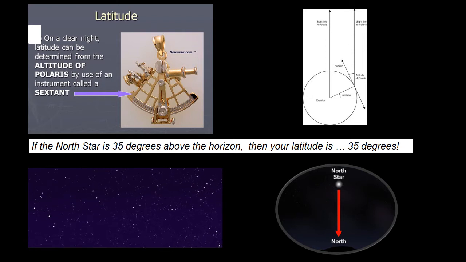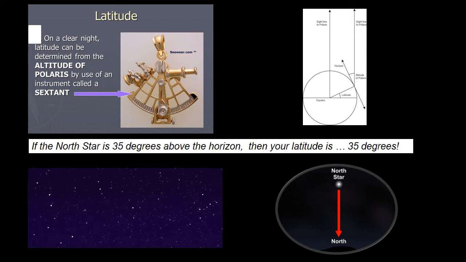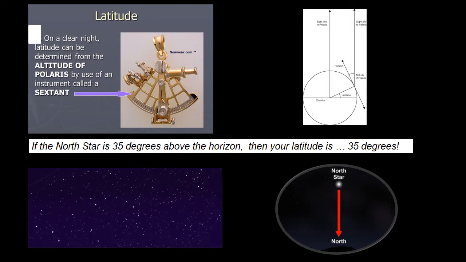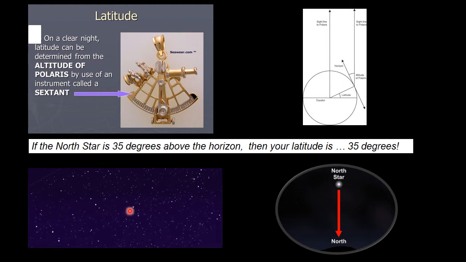You know, latitude was fairly easy even for the ancients to find. One of the ways that you could get your latitude, say if you were in a boat somewhere out in the open ocean, and you wanted to know how far north or south am I, is to use the North Star.